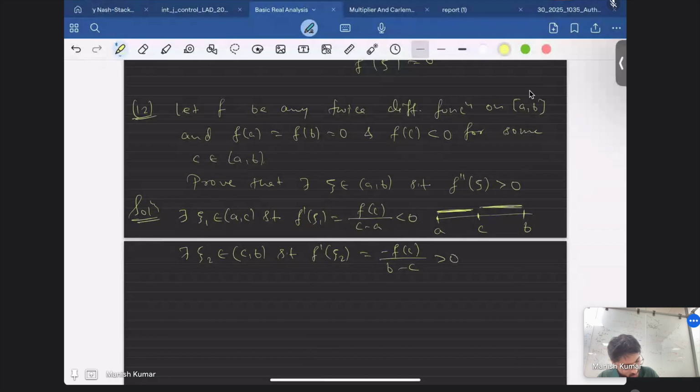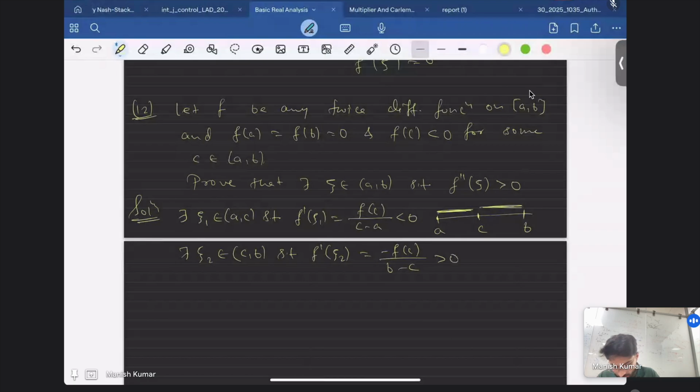The numerator is positive, and the denominator is positive. This implies f double prime of zeta is positive. Okay.